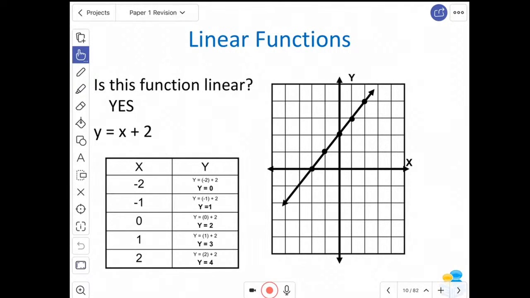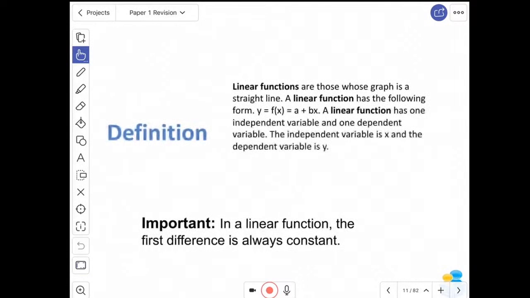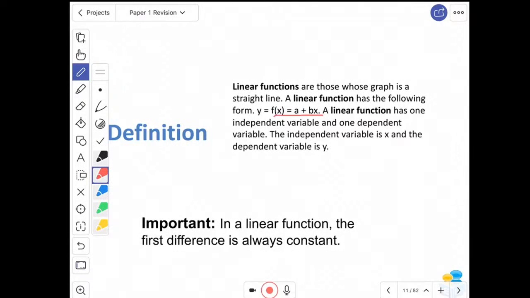So we should all know, first of all, in linear functions, a linear function is a linear graph, which means that we have an x value to the power of 1. Okay, so it's a straight line graph. So again, we know linear graphs are straight line graphs. And one of the important things to be aware of is that in a linear function, we have our function a plus bx. So again, it has one independent variable and one dependent variable.